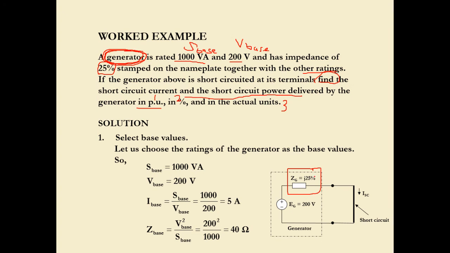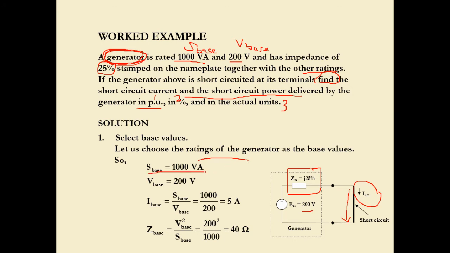The generator impedance ZG equals j25%. EG, the generated voltage of the generator, equals 200 volt. Then we short circuit the terminal, and we have the short circuit current flowing inside this circuit.